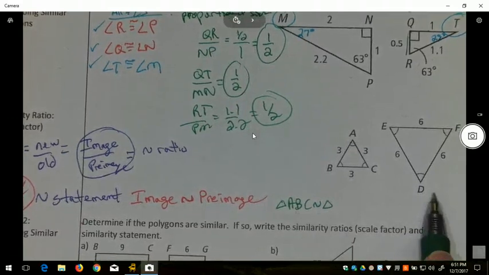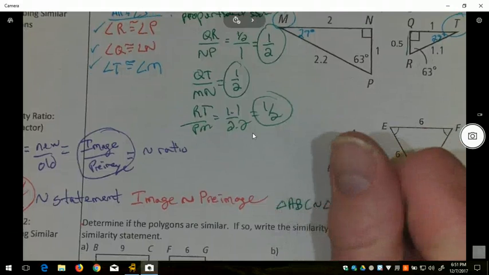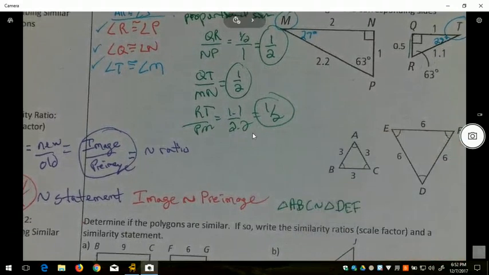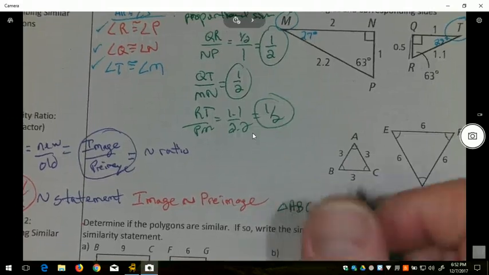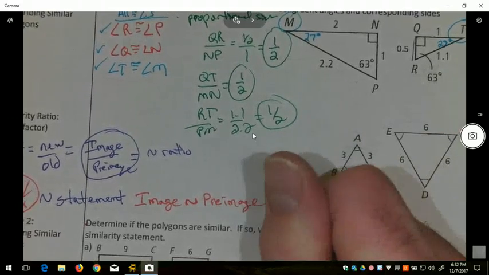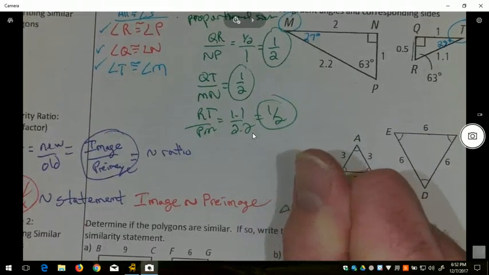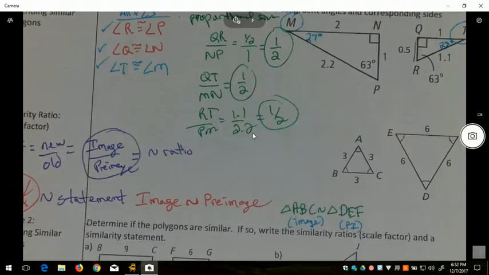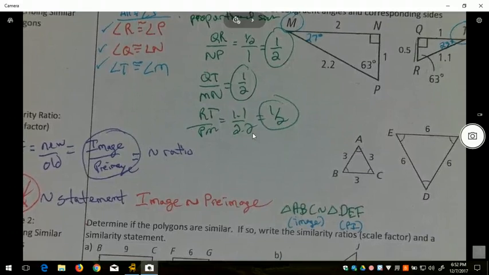But if ABC, I'm actually just going to match them in alphabetical order, is similar, not congruent, to triangle DEF, then they're telling us in this similarity statement that ABC is the image, and that DEF is the pre-image. It's kind of a hidden language, and it's a little reverse thinking of what you might expect.